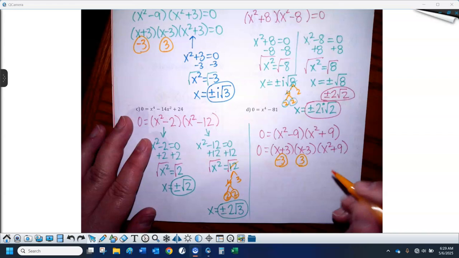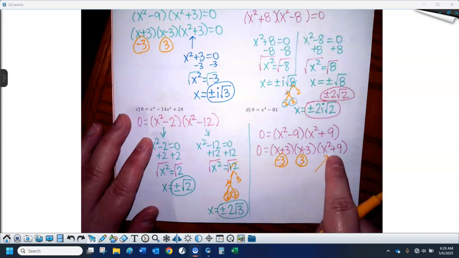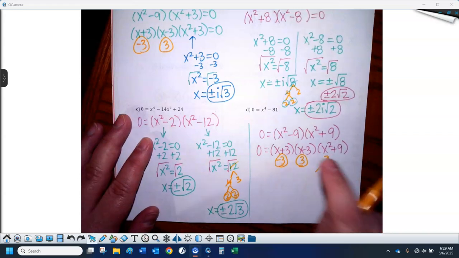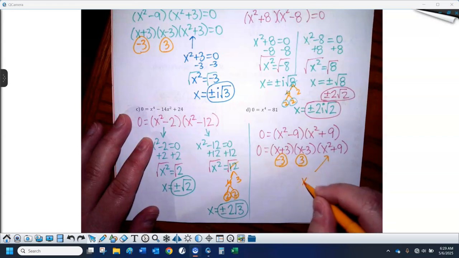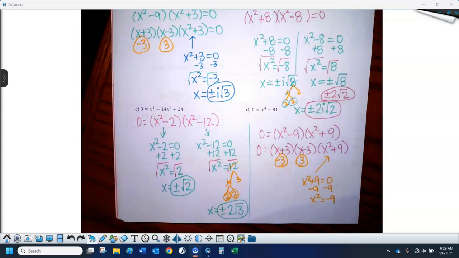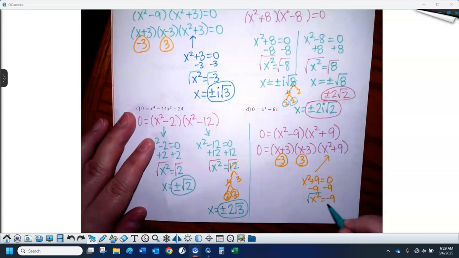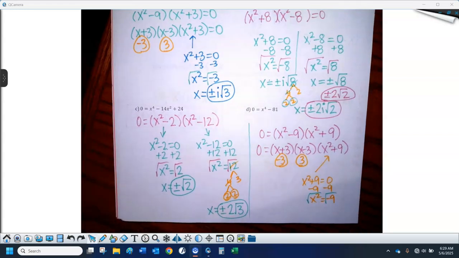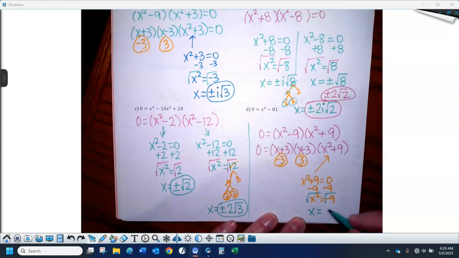This one we've got to figure out what we want to plug in for x squared. Now, this is not a difference of squares because these two are being added, so you can't factor this further. So I'm going to say, okay, x squared plus 9, if that was 0, that's going to give us our answers. So we're going to subtract 9, get x squared equals negative 9. Now, I'm going to take the square root of a negative number here, so that's going to give me an imaginary solution. 9 is a perfect square, so negative 9 is a perfect square in imaginary land.